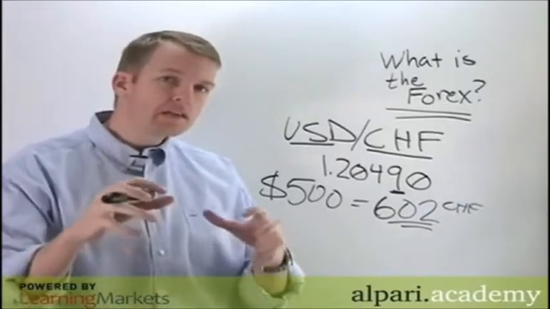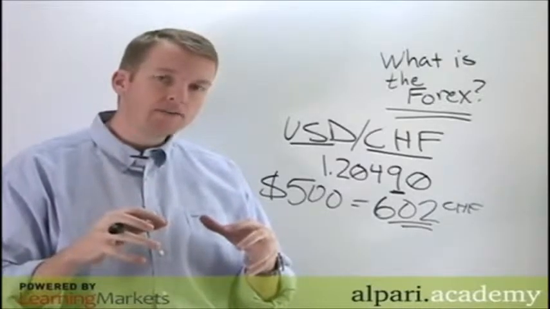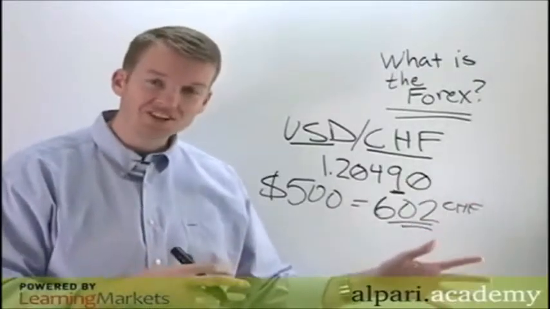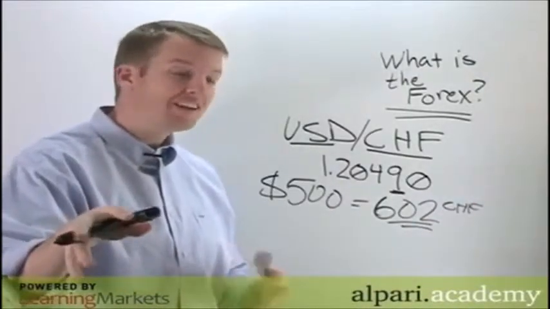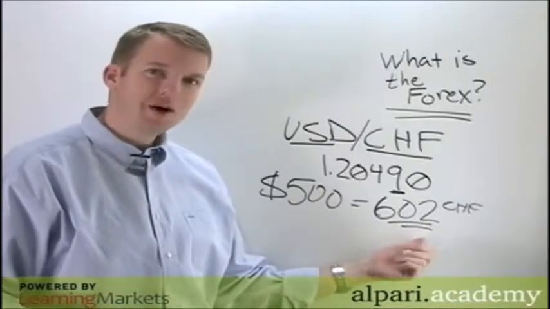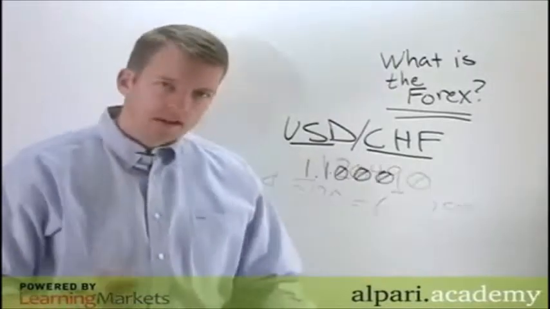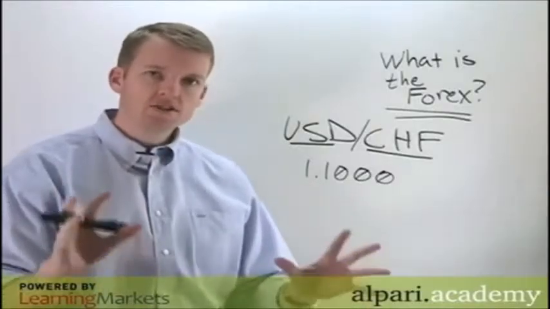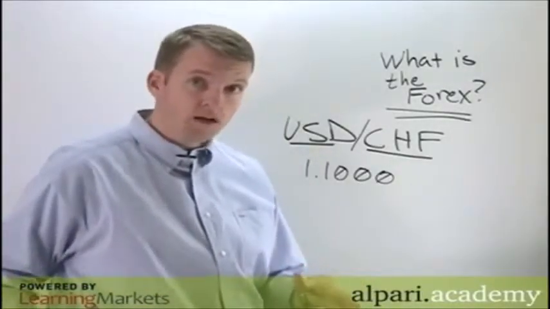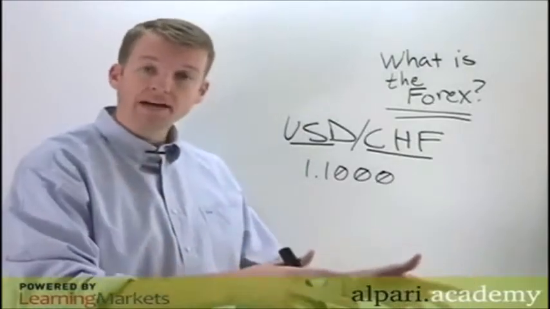Now let's take a little bit of a step back and talk about what happens at the end of the summer when we've decided to leave our vacation and start to go home, and we haven't spent any of our spending cash. So we still have these 602 francs. Now it's time for our vacation to end, and we still have those 602 francs in our wallet, and we're looking to exchange them back into dollars.